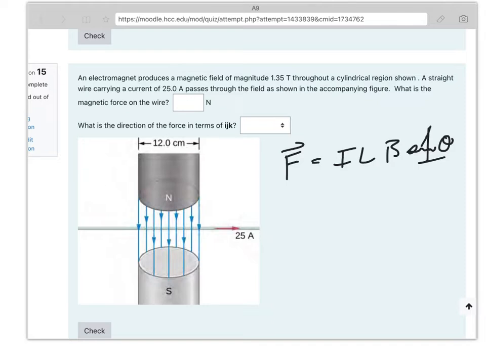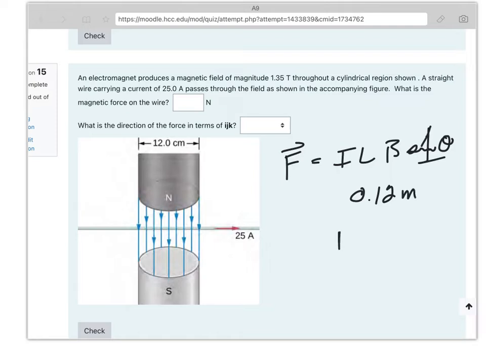And the I is given, the B is given, and the L is what? The length of the wire in the field, which is shown in the figure. It's 12 centimeters, but make sure that you use the right units.